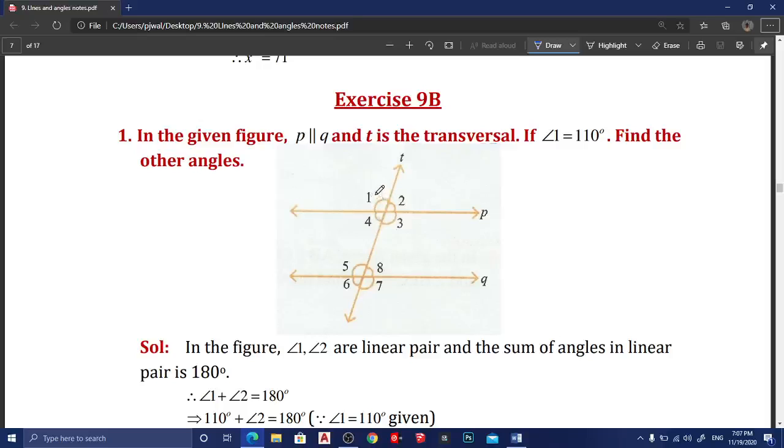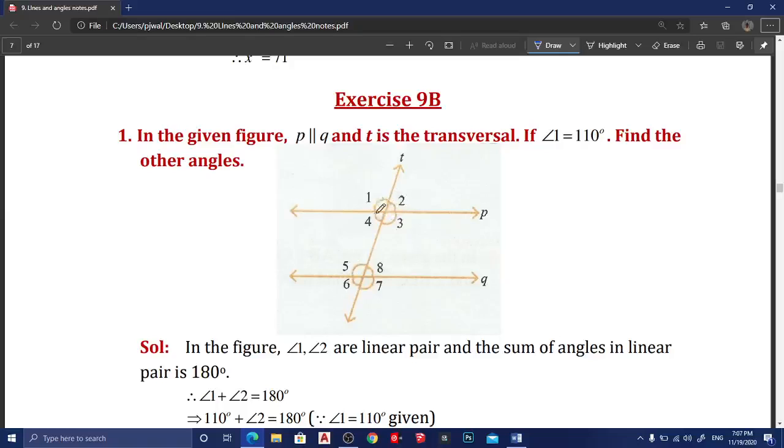Angle 1 plus angle 4 also 180 degrees. Angle 4 plus angle 3 also 180 degrees. And angle 2 plus angle 3 also 180 degrees. Okay, here also 5 plus 8 is 180, 8 plus 7 is 180, 6 plus 7 is 180, 6 plus 5 also 180 degrees.